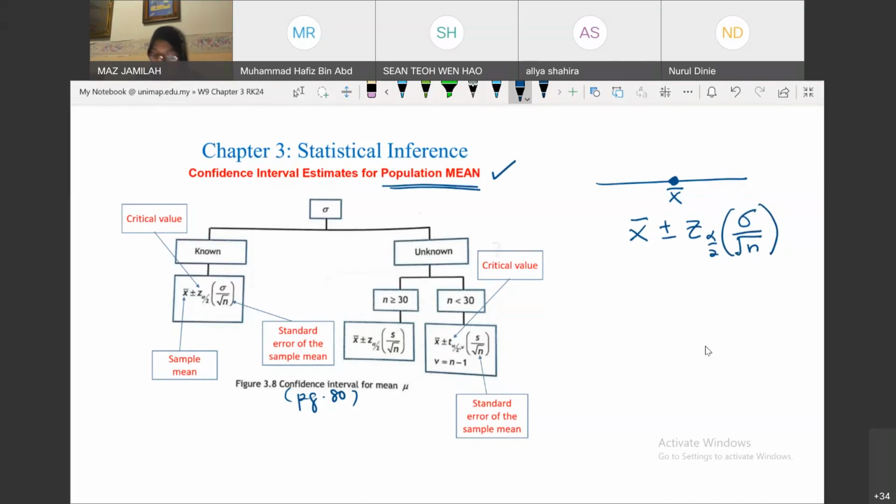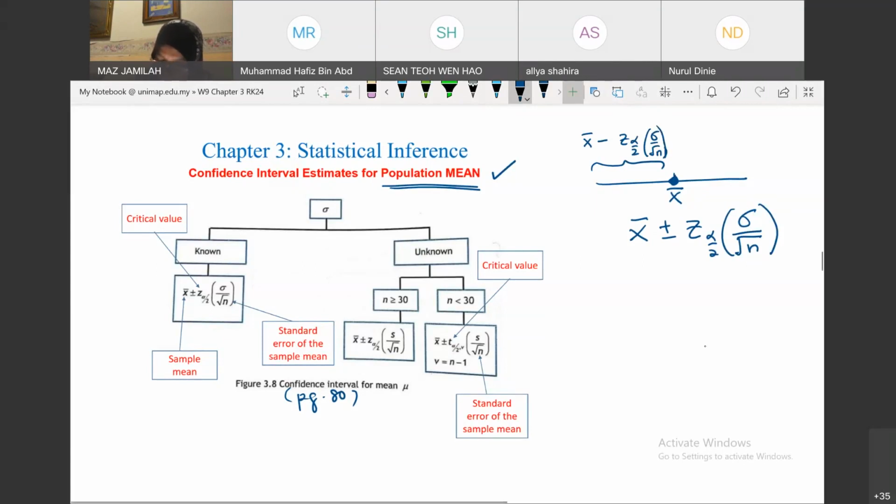So X bar plus minus Z alpha over 2 multiplied with sigma divided by the square root of n. If you are talking about this middle point to your lower confidence limit, this one is the margin of error: X bar minus Z alpha over 2 multiplied with sigma over square root of n.